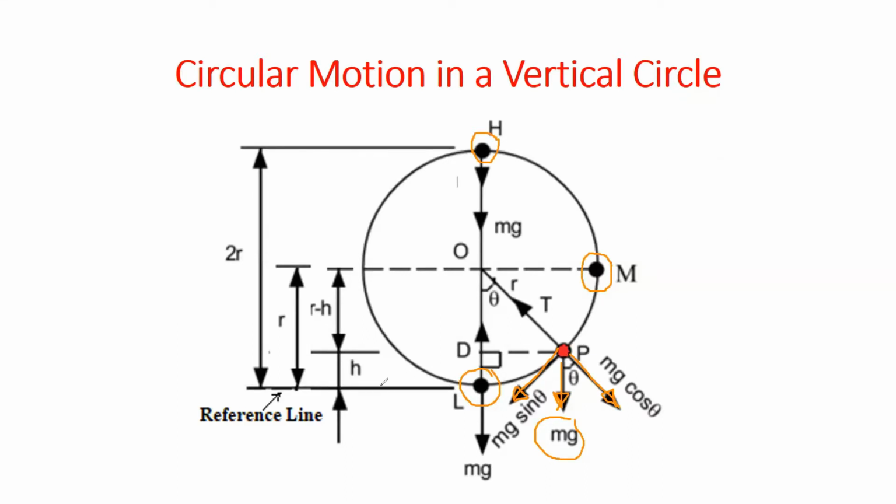Let point P be at height h from the reference line. Okay, we are dropping perpendicular PD on diameter HM. Clear?